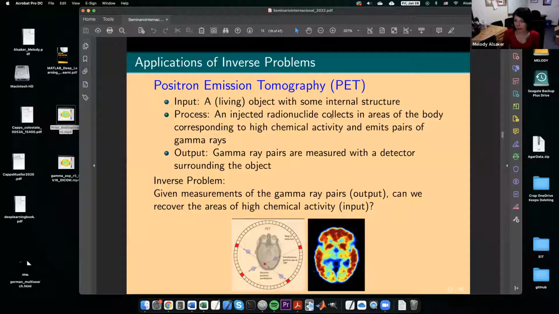This antimatter particle almost immediately meets an electron, within a fraction of a second. It hits an electron, and you know that matter and antimatter annihilate each other on contact. So it annihilates, and this emits a pair of gamma rays.